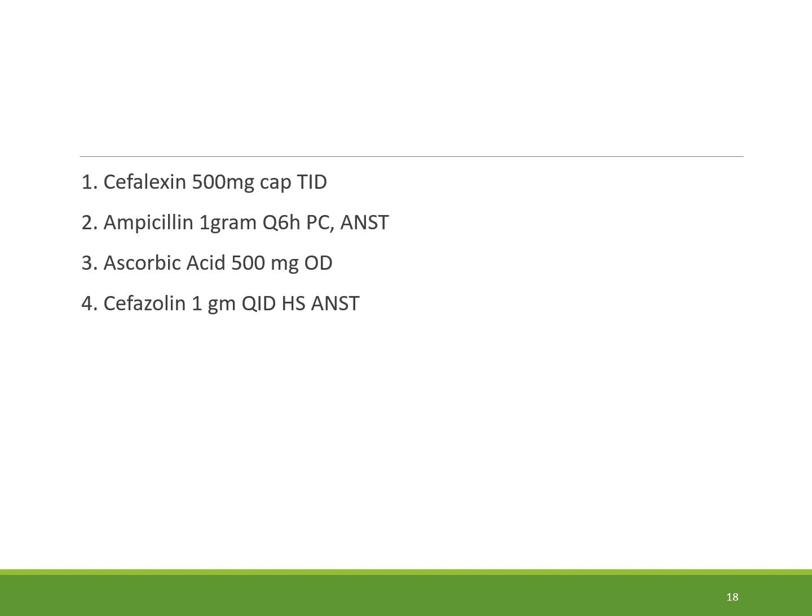Ascorbic acid 500 milligram OD means you administer that medication once a day. Cefazolin 1 gram QID, HS, and ANST means you give cefazolin 1 gram after a negative skin test, QID that is 4 times a day, and HS that is hours of sleep. So 4 times a day plus hours of sleep.